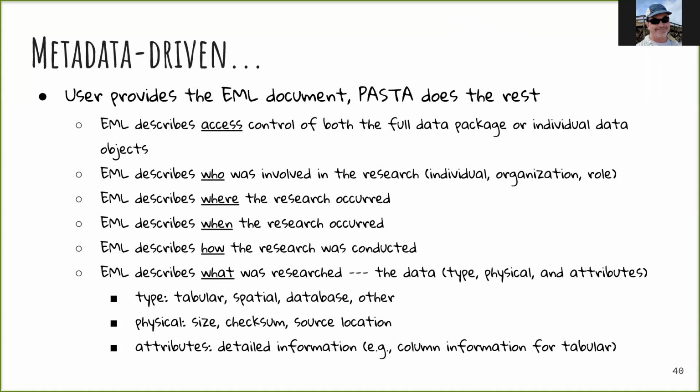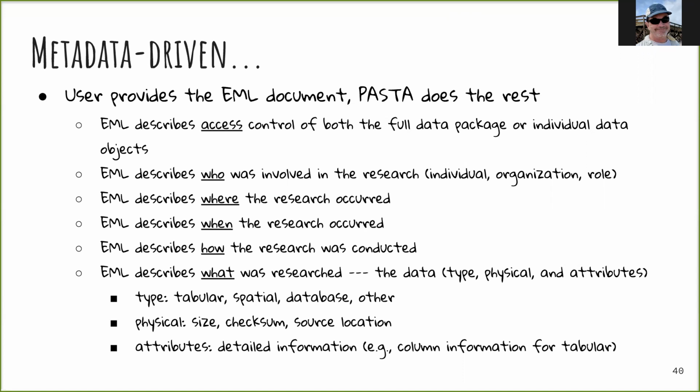It describes where the research occurred based on a geospatial coverage, and it describes also when the research occurred, the temporal coverage of that particular data package. It describes how the research was conducted. It describes what was researched, in other words, the type of data that you're actually describing within the metadata itself. And the type can be tabular, spatial, database connection. It can describe, in other words, blobs, also just binary large objects and things like that.